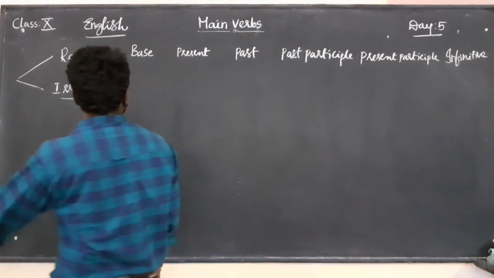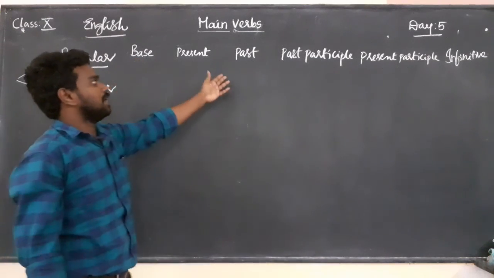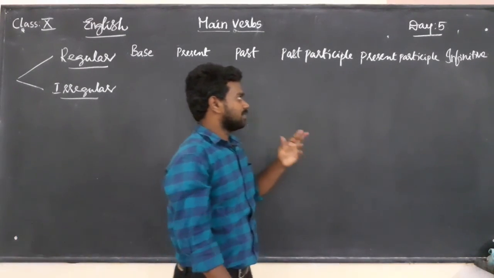So what are the 6 different forms? Base form, present form, past form, past participle, present participle and infinitive.